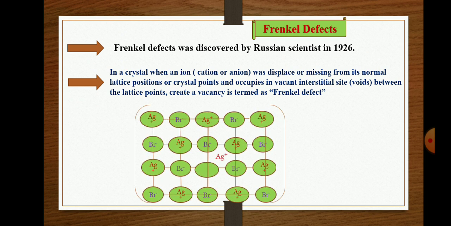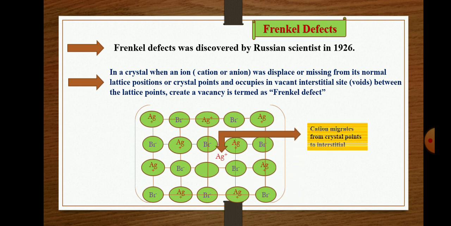Now students, we learn this picture. So what Frenkel observed in a crystal, this is a picture of AgBr ionic crystal where silver and bromine ions occupy lattice sites in a crystal lattice.